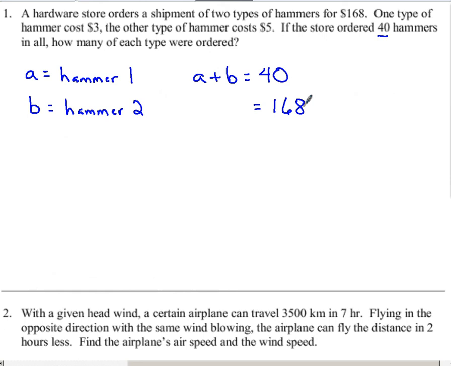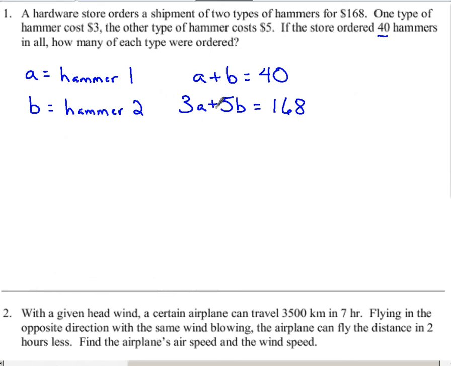So if we had a certain number of hammers for the first type, and say that went with $3, then 3 times A would give me the total amount from that piece. And for the second type, if we let the $5 go with the second type, then take 5 times the number for that second type. That would give me the total for that part. If I add those together, I get 168 overall.